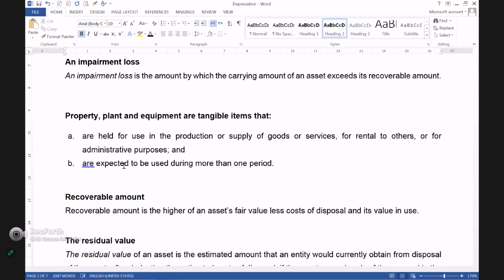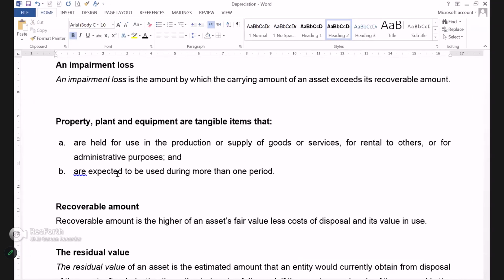Okay. So then recoverable amount. Recoverable amount is the higher of an asset's fair value less cost of disposal and value in use. Okay, so this is not a calculation here.